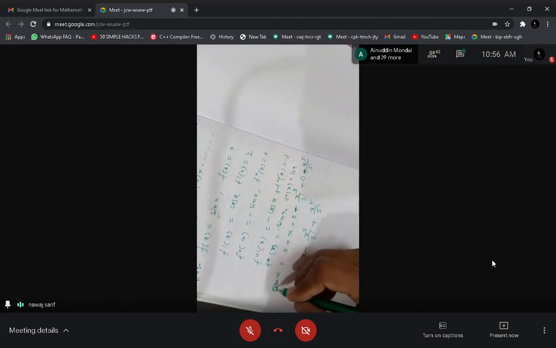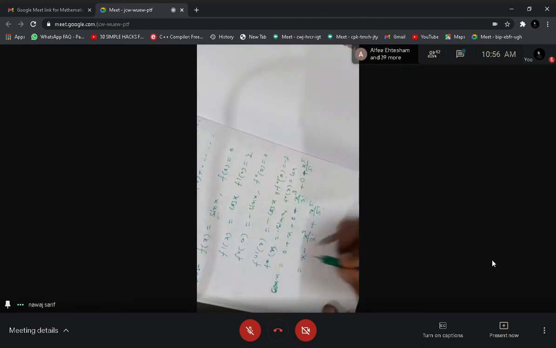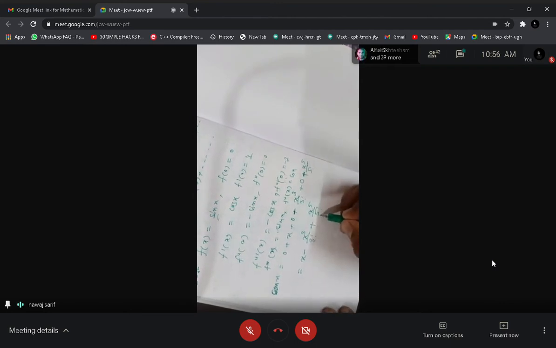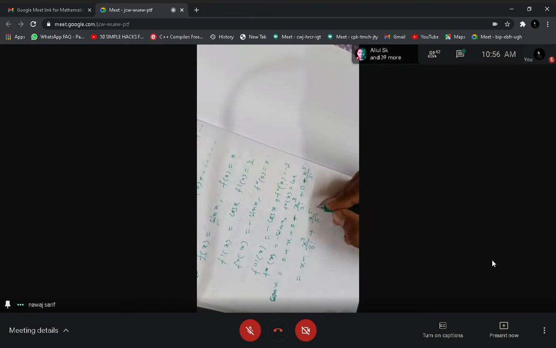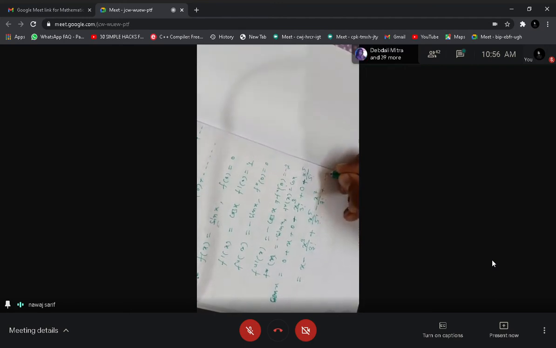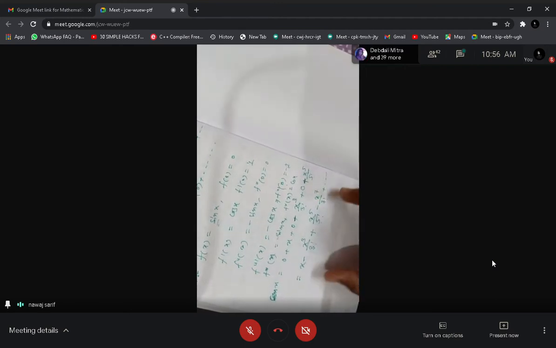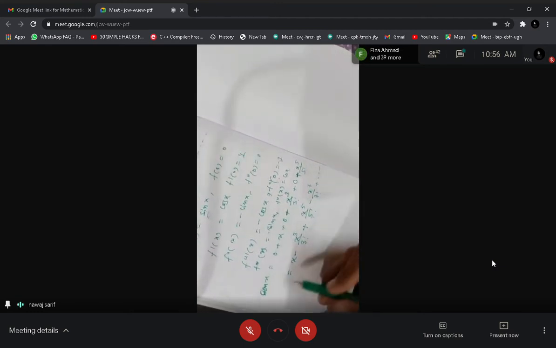So sin x is what? x minus x cube by 3 factorial plus x to the power 5 by 5 factorial, then minus x to the power 7 by 7 factorial, and so on up to the nth term. This is the expansion of sin x.